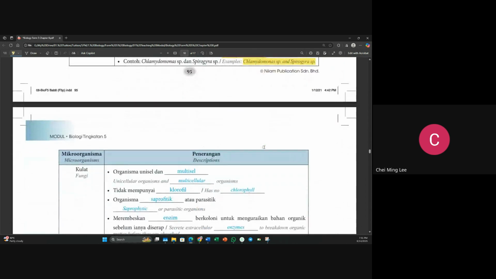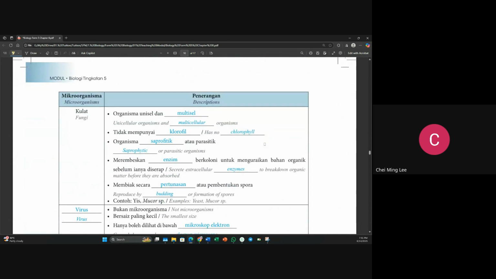Okay, then fungi. Fungi can be multicellular or unicellular, both. No chlorophyll, so no photosynthesis. They can be saprophytic or parasite organism. Okay, saprophyte is actually a kind of like, you know, mushroom.